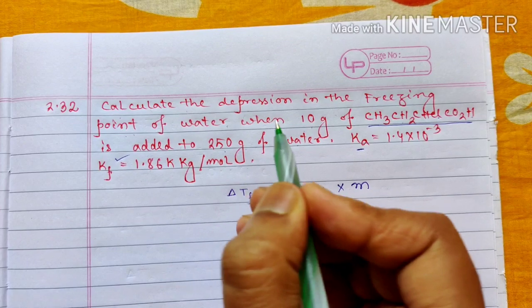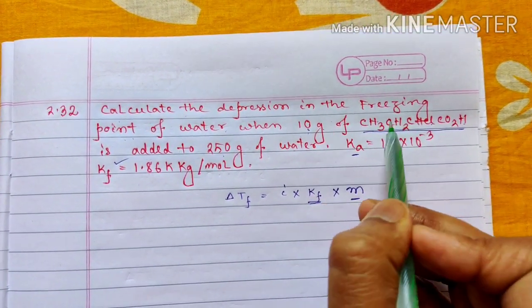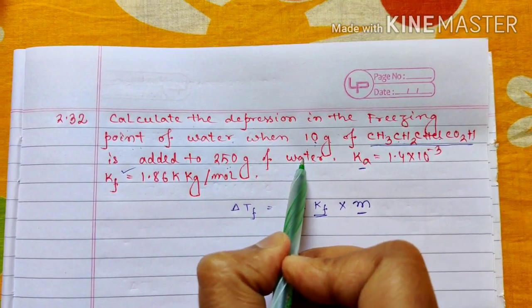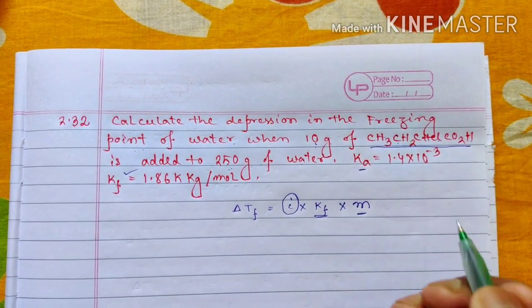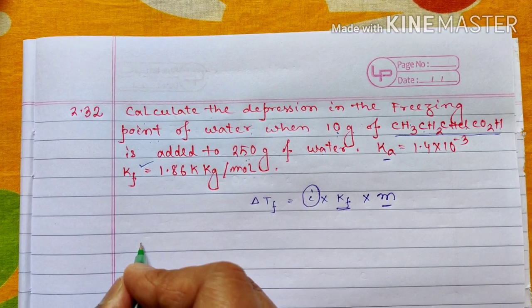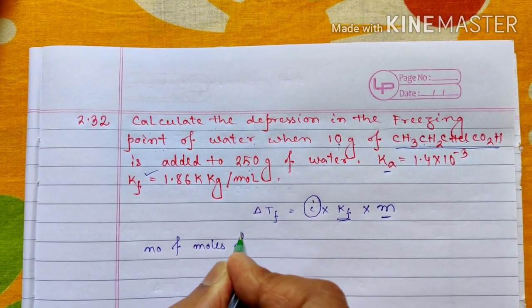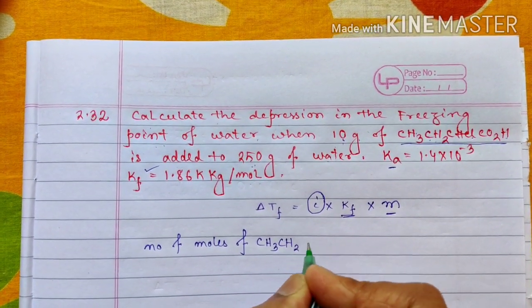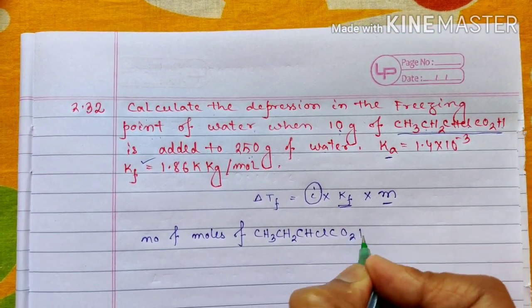Kf is given. For m, from the value of 10 gram dissolved in 250 gram of water, we should be able to calculate it. The question is how to calculate i. So first of all we will calculate the number of moles of CH3CH2CHClCO2H.